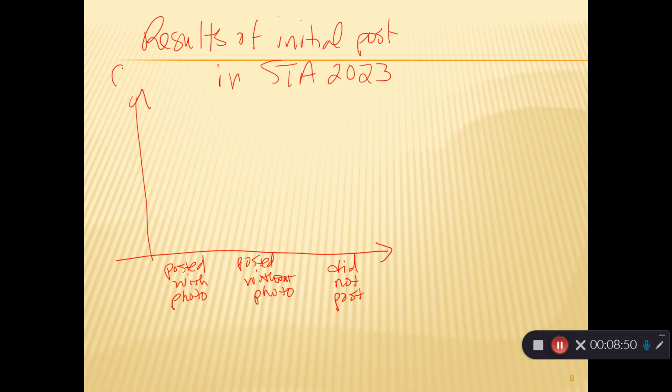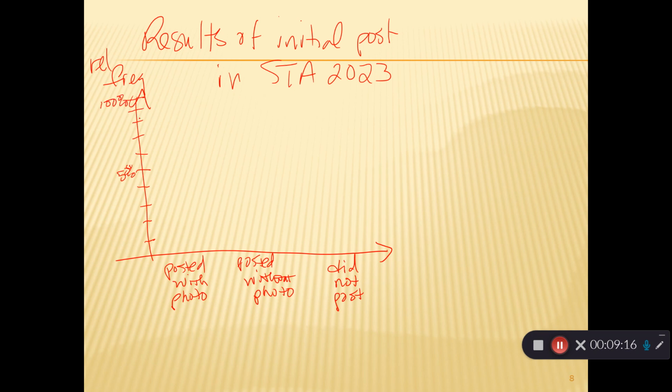Over here, we put either the frequency or the relative frequency. I'll again do the relative frequency. So because I'm doing percentages, I want to go all the way up to 100. So maybe I'm going to go 10%, 20%, 30%, 40%, 50%, 60, 70, 80, 90, 100%.